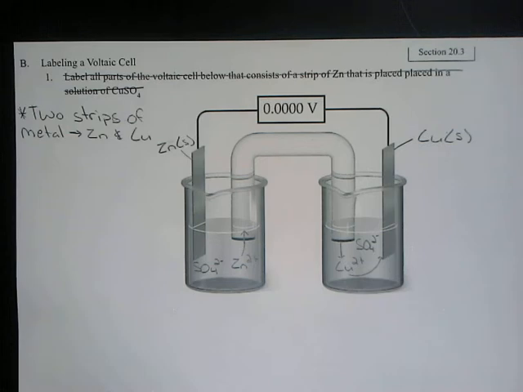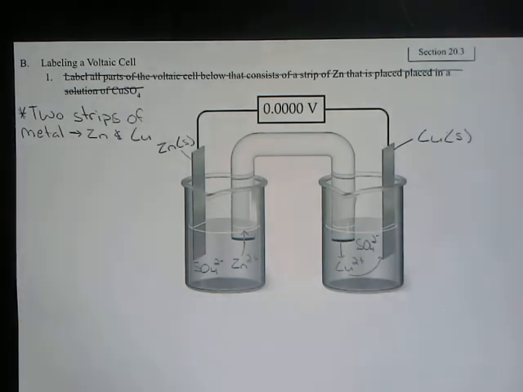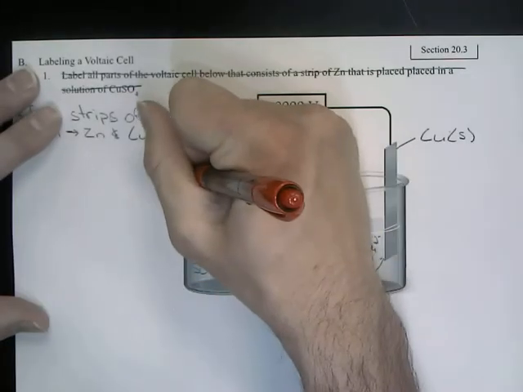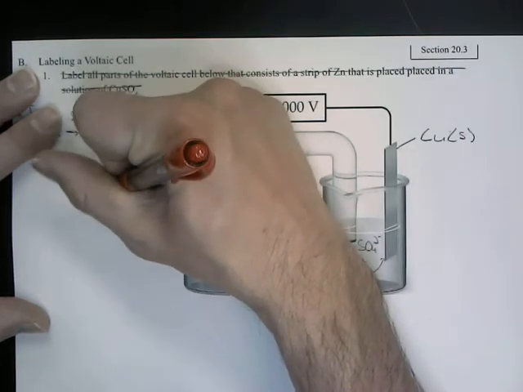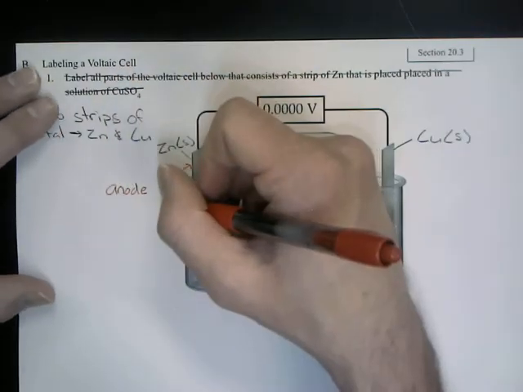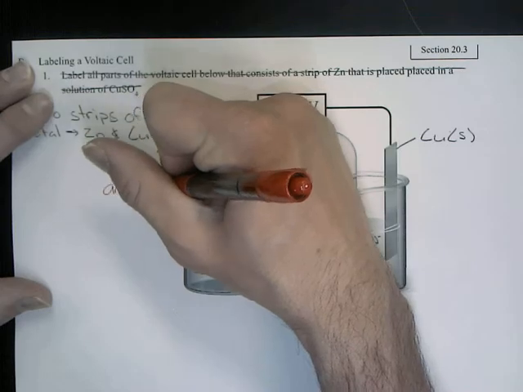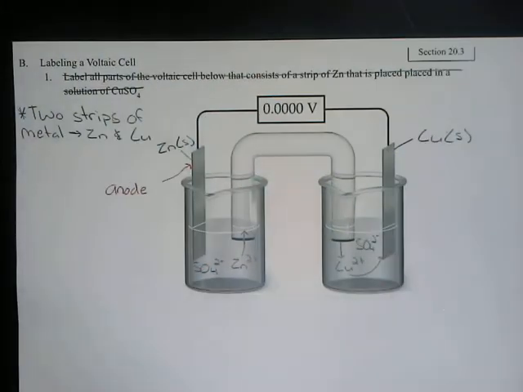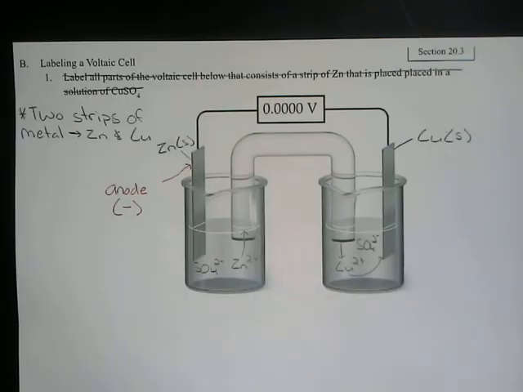Now, I want to talk about this. Zinc is going to be classified as my anode. So zinc right here, this metal strip is going to be classified as my anode. That means we have a negative charge at the particular anode, so I'm going to label this as a negative charge.